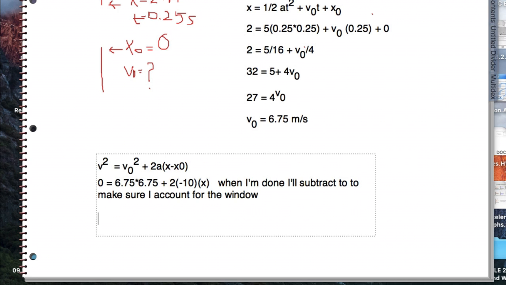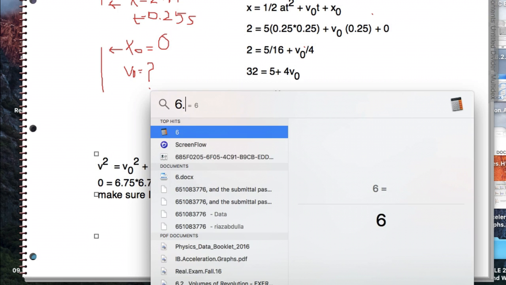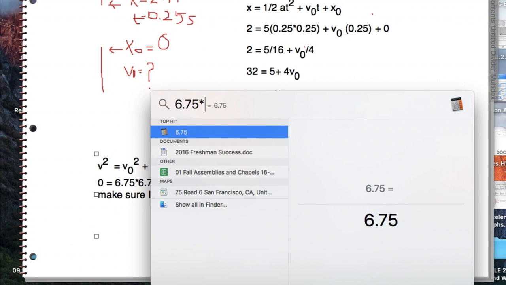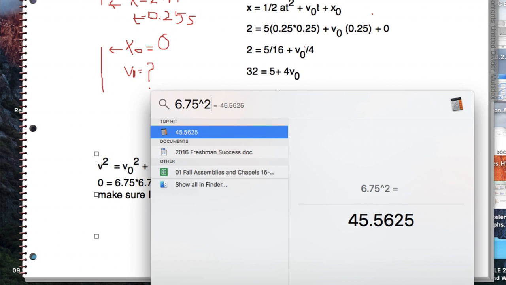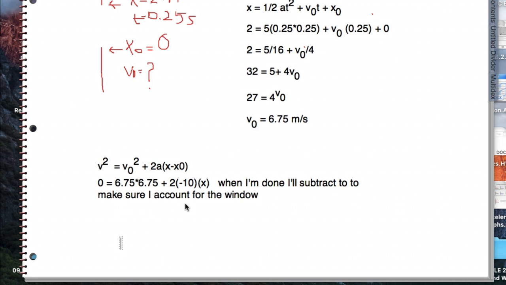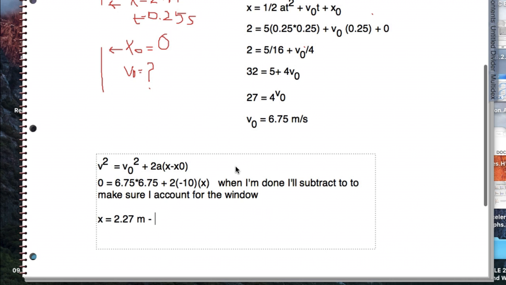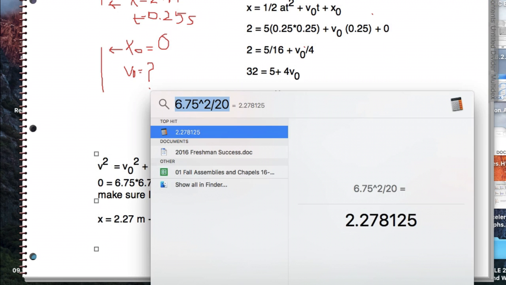So I'm going to end up getting 6.75 squared divided by 20, and that gives me a distance of 2.27 meters. Let me make sure I write that right.